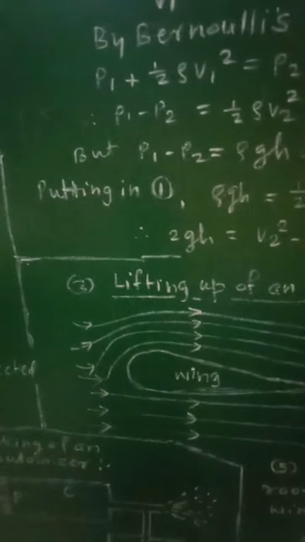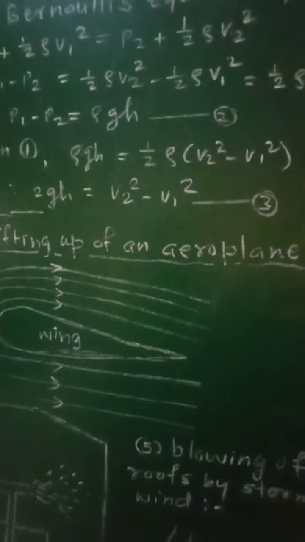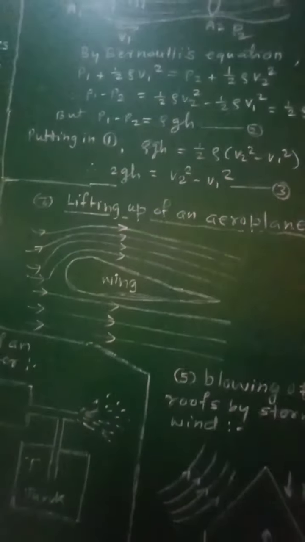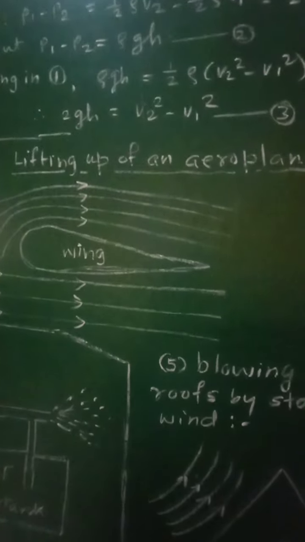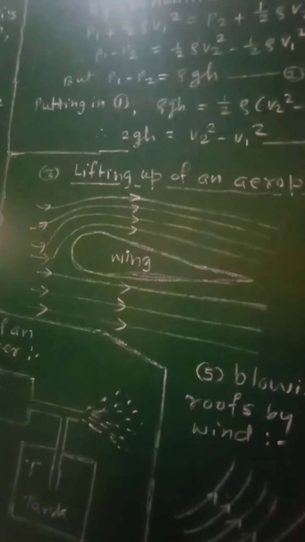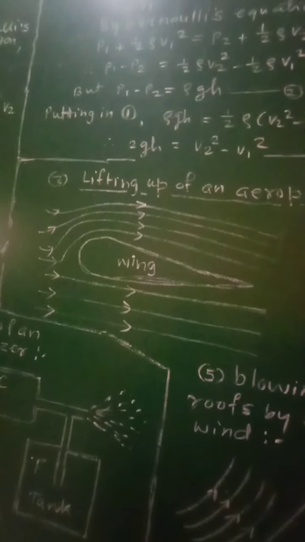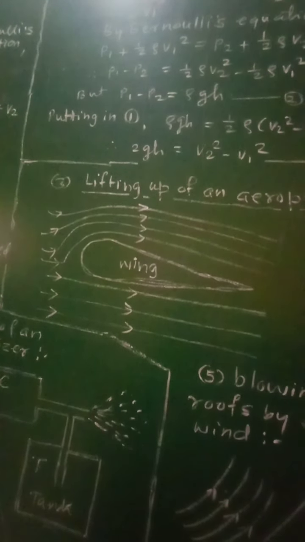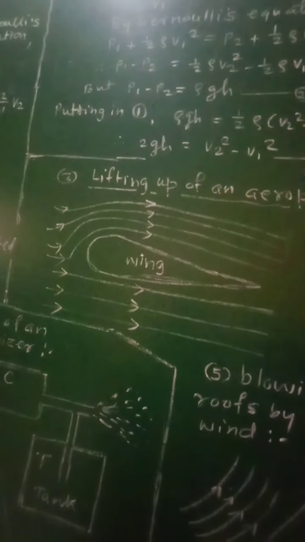Now let us go for the third application of Bernoulli's equation, and that is the lifting up of an aeroplane. When an aeroplane runs on the runway, due to the aerodynamic shape of its wings, the streamlines of air are crowded above the wings compared to below the wings.